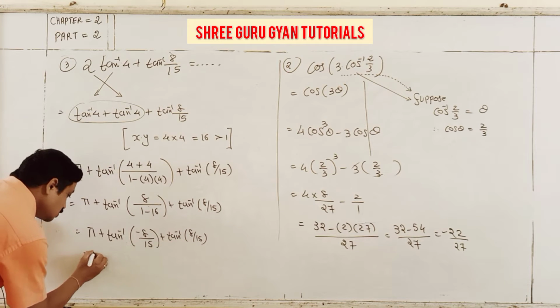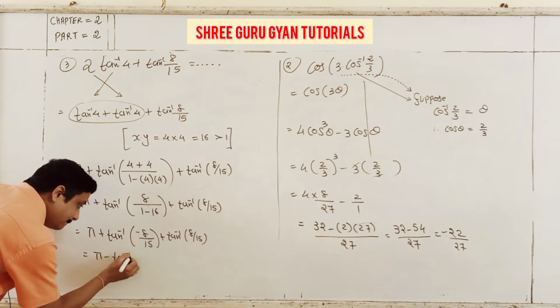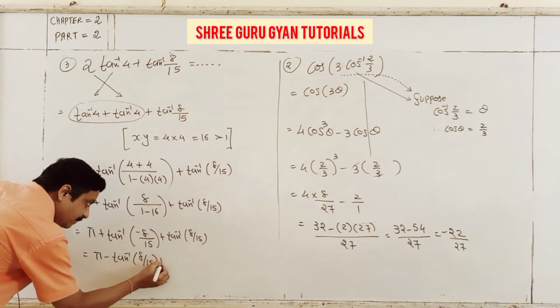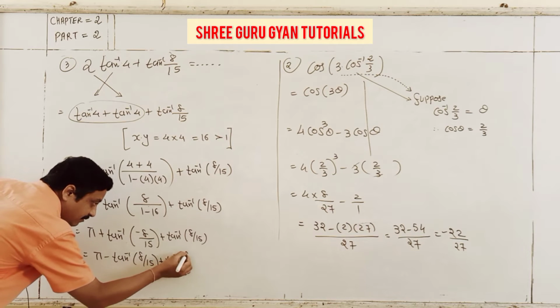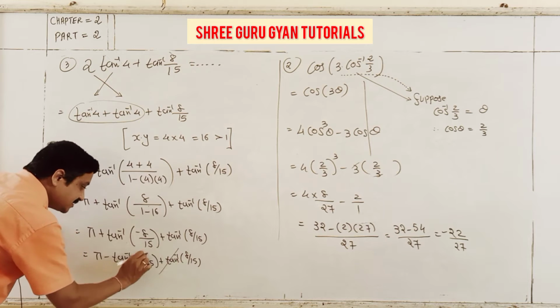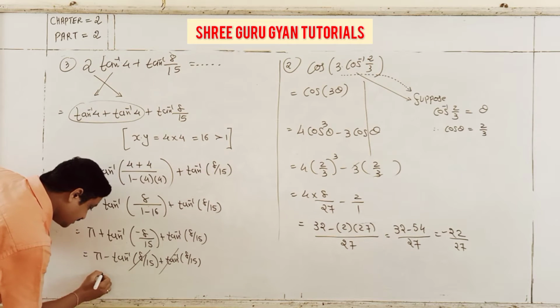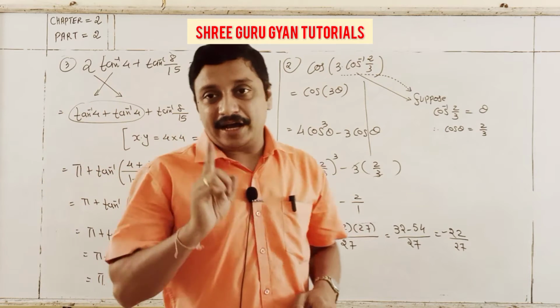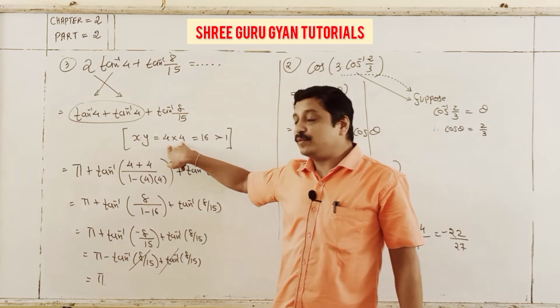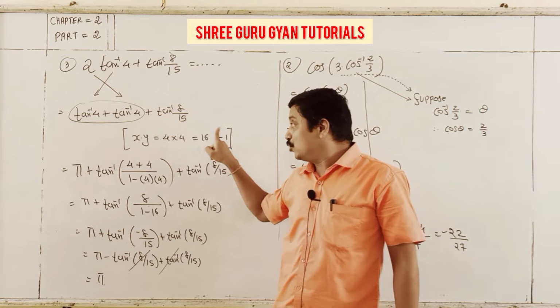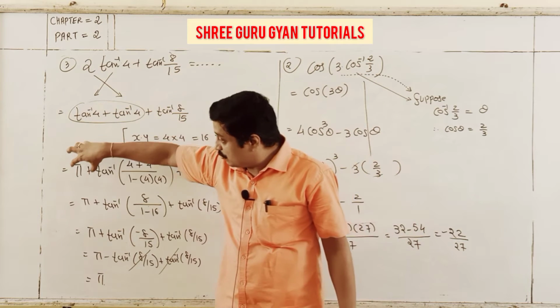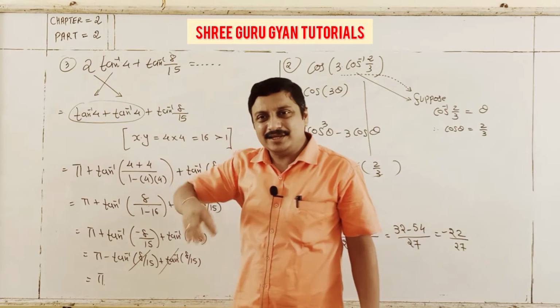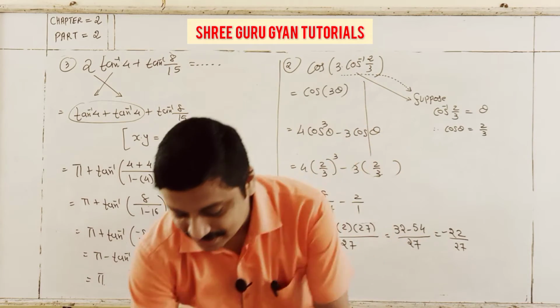Check, for the solution the minus is carried outside: 8 by 15 and that also 8 by 15. So this and this cancel. Only my answer is pi. Yes, again I repeat, whenever your product value for the tan is more than 1, you write down pi plus, and otherwise the solution is very simple.